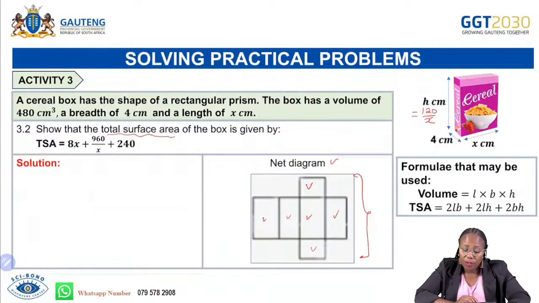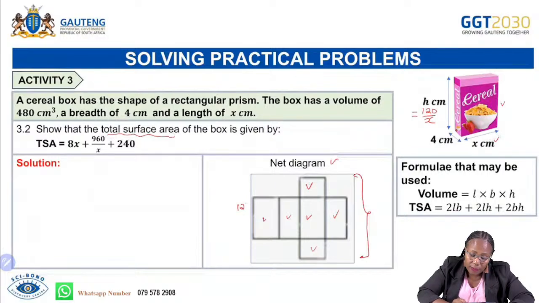So now let's put the dimensions on this. If you look at the front part here, the dimensions of this will be x by the height of 120 over x. That means the front and the back part will be taking 120 over x together with the x side here.